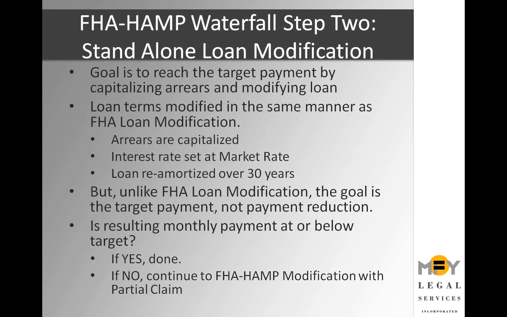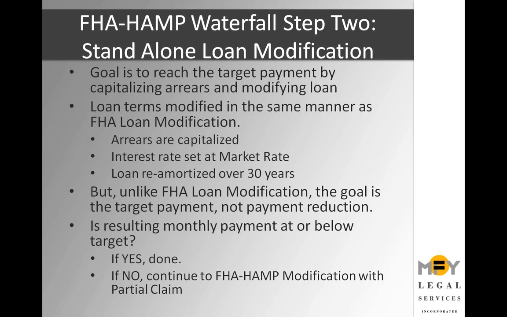So as long as your previous payment was affordable, you could actually get a standalone FHA HAMP loan modification, even though it wouldn't reduce your payment by the $100 and 10% required by an FHA traditional modification.